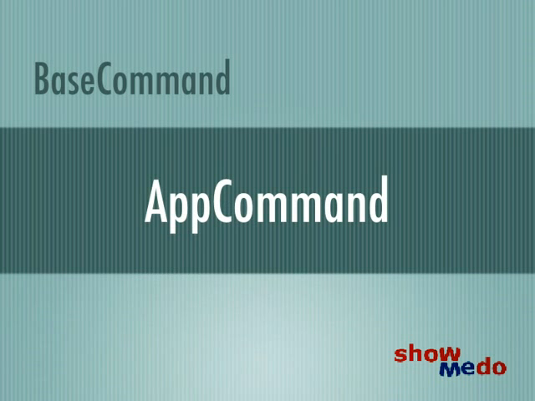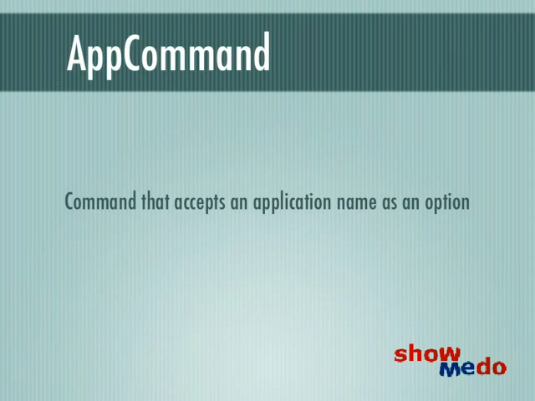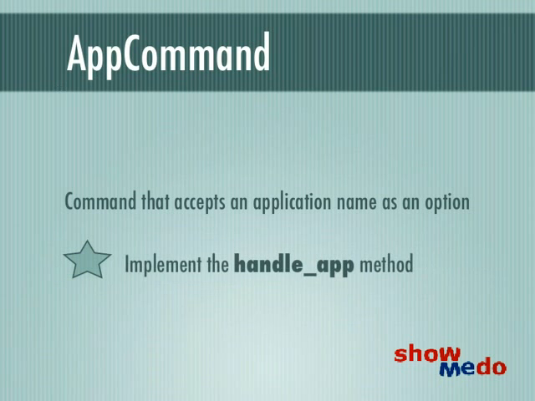And as I said, AppCommand would be the next one. And this is the one that's used most commonly with the commands that are built into Django. And it's a command that accepts an application name as an option. So the application name gets validated automatically, and when it gets passed into the handle_app method, which you must implement, you're actually getting a reference to that application module, not just the name.